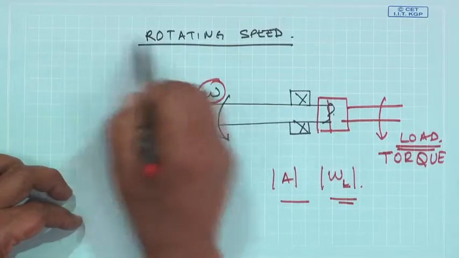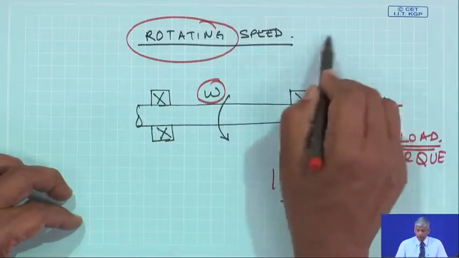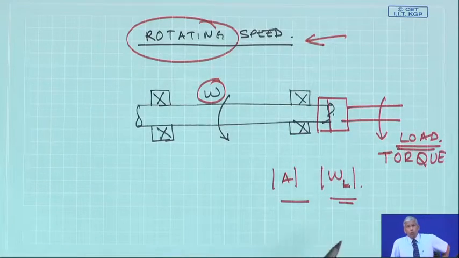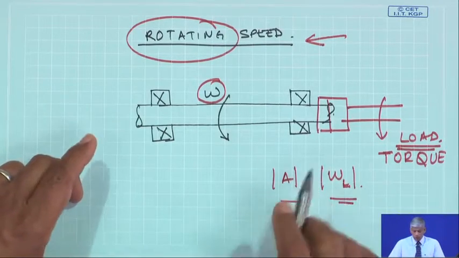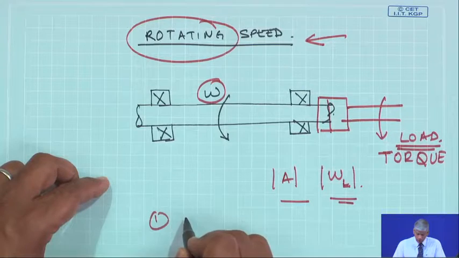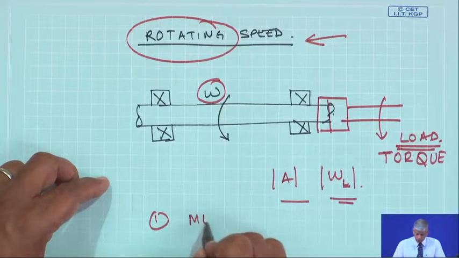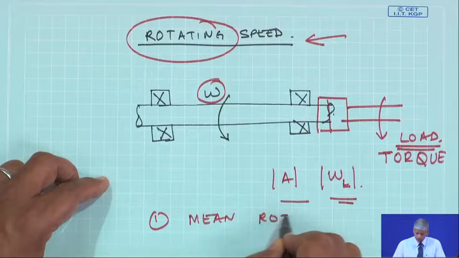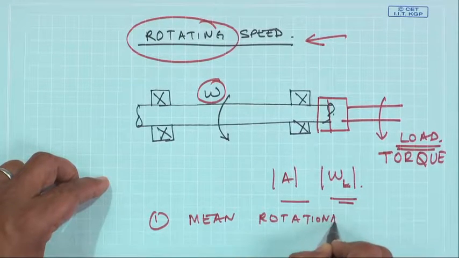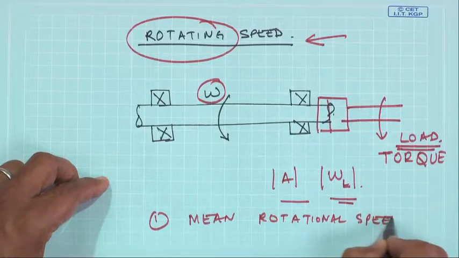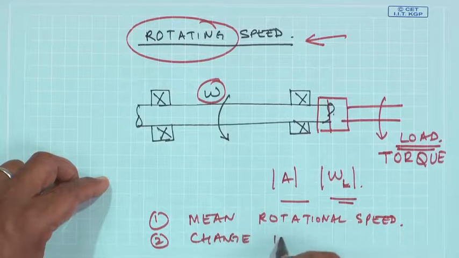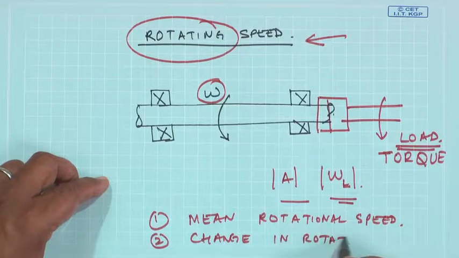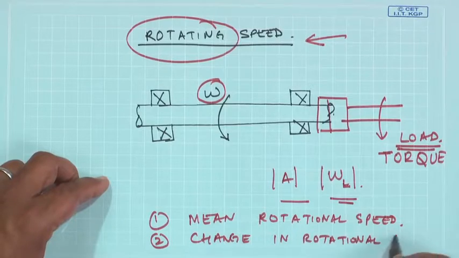Once there is a change in the rotational speed, it gives a clue as to the cause behind this change. That is one. So, one is measuring the absolute rotational speed or mean rotational speed, and next is change in the rotational speed. First, we will focus on mean rotational speed or the constant rotational speed.